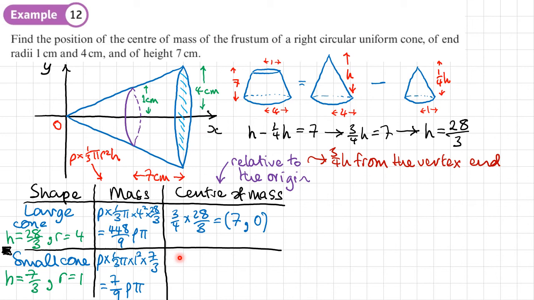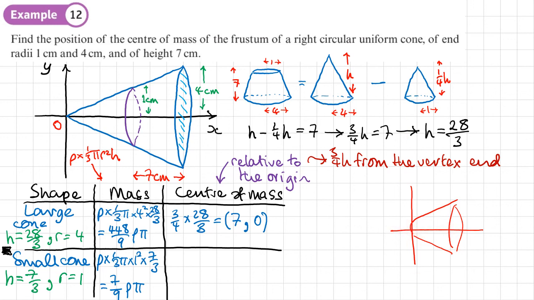And then for the smaller cone, its centre of mass is given from this distance from the vertex end. Now this is the advantage of putting the vertex here. If we drew it so it was something like this, and we had the top of the frustum, or the smaller end of the frustum, here, it's going to be tricky trying to write the centre of mass in terms of maybe the base of the frustum.